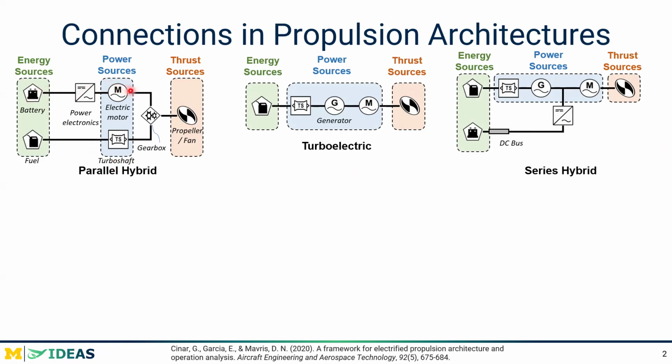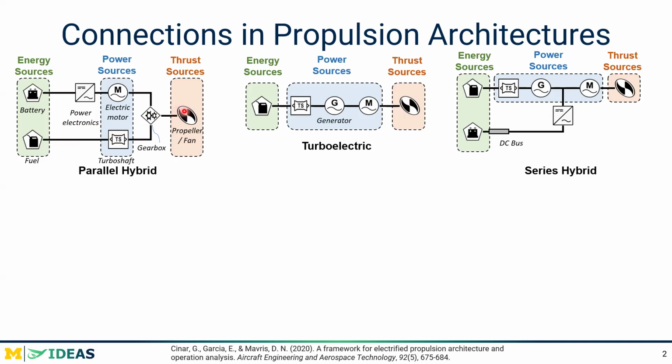And then the electric motor connects to a gearbox, which spins the propeller or fan. Similar thing with the fuel: the fuel is turning the turboshaft, which then plugs into the gearbox as well to spin the fan. And that's why we call this a parallel hybrid, because there are 2 power sources working in parallel, and they're connected by the gearbox.